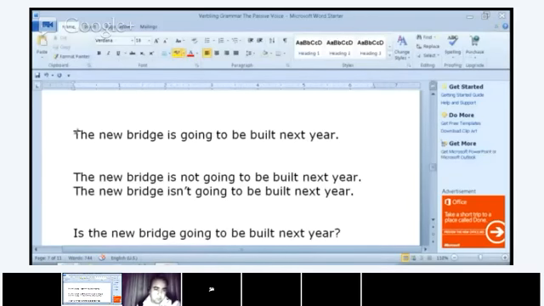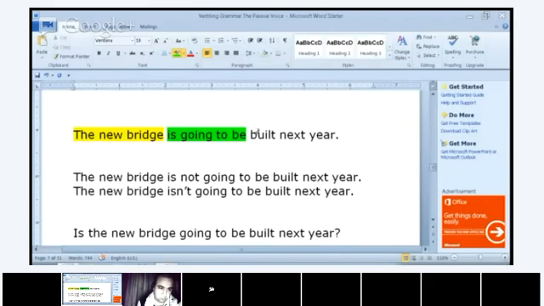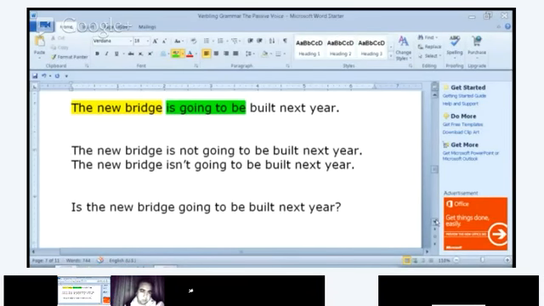The new bridge is our passive subject, and then we have is going to be, which is the future, and then built is the main verb, the most important verb really, in the past participle. All right, awesome. Let's keep going.